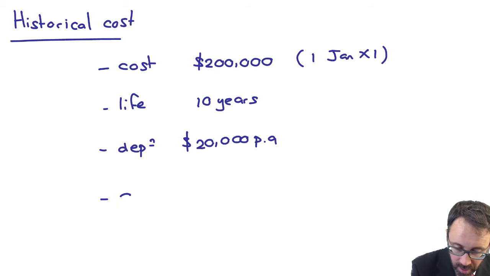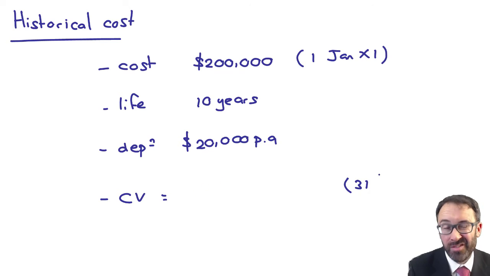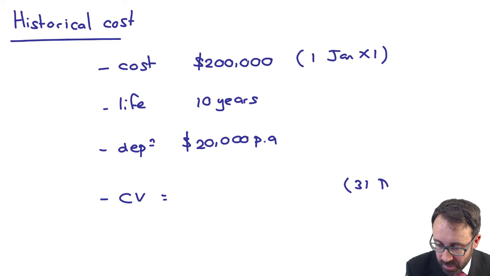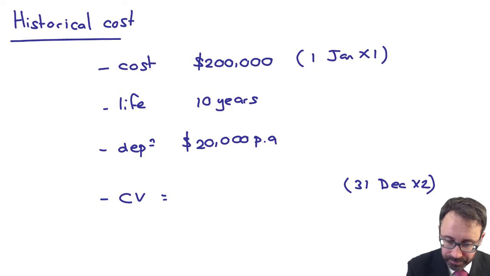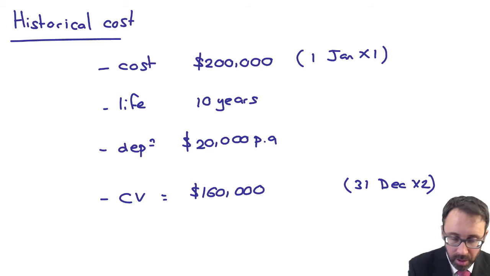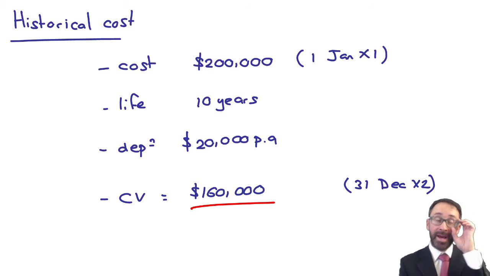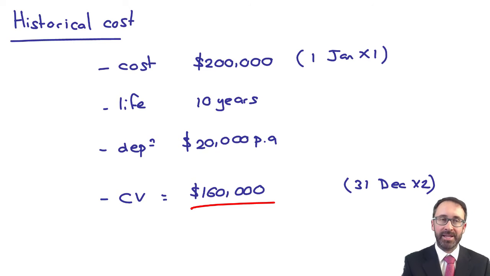So on a historic cost basis, the carrying value, we'll make it interesting, on the 31st of December X2, that's 2 years worth of depreciation at $20,000 per annum. Cumulatively that is 40, which gives me a carrying value of 160,000, isn't it?